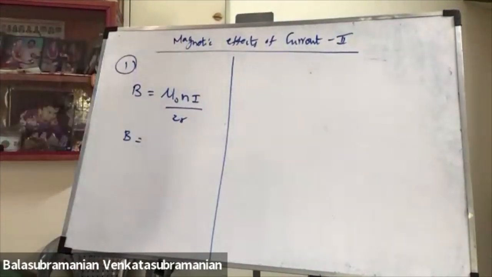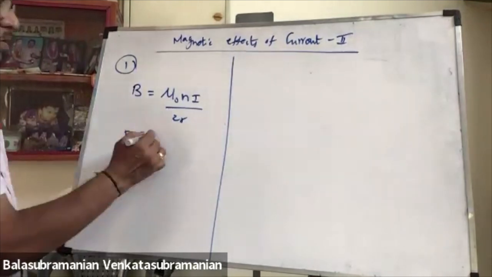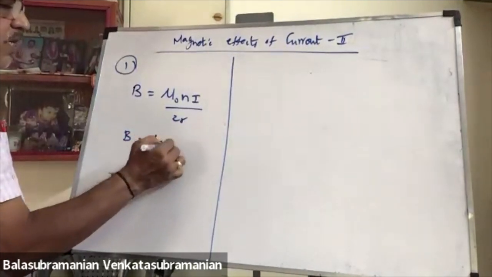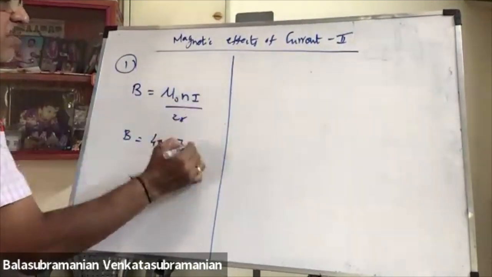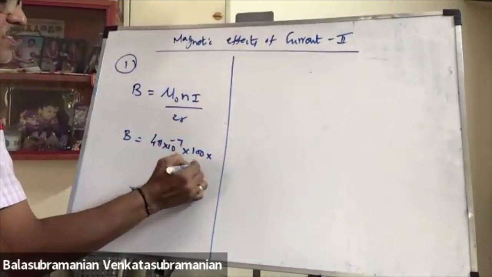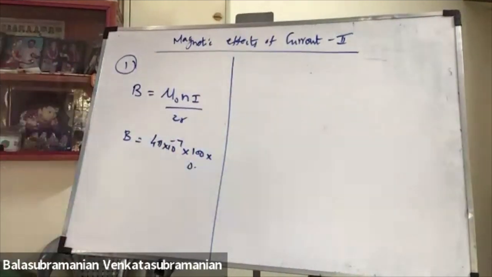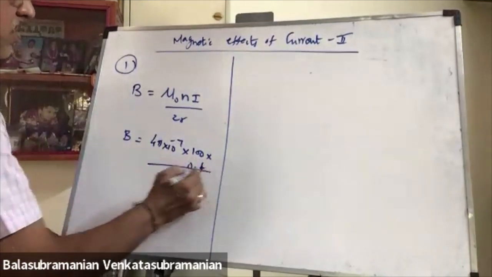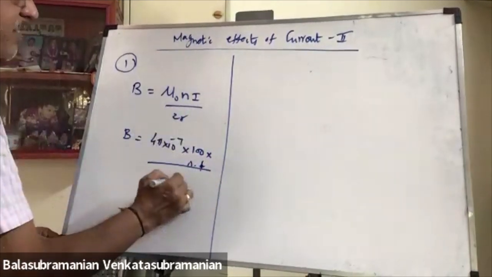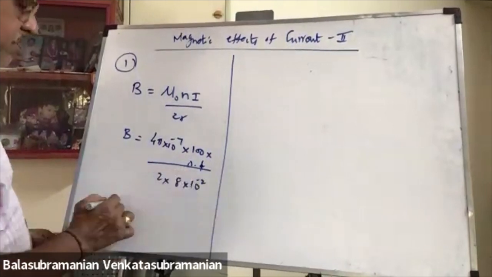Okay. The values, number of turns 100, current 0.4 ampere, radius 8 centimeter. Mu naught 4 pi into 10 power minus 7. Number of turns 100, 0.4, divided by 2 into 8 centimeter, 8 into 10 power minus 2.